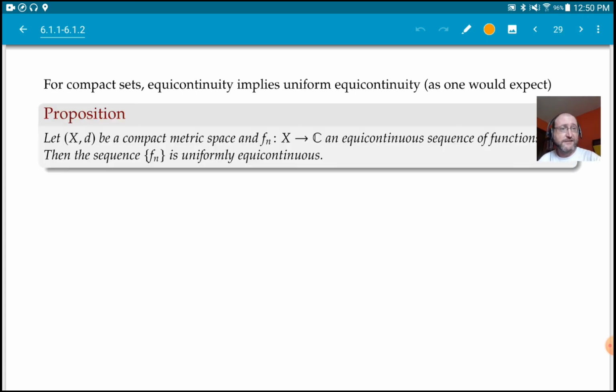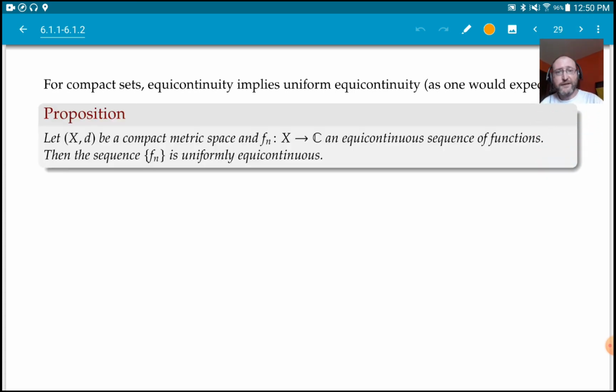And the proof is basically the same idea. So here is the proposition: suppose that we have an equicontinuous sequence of functions, then the sequence is uniformly equicontinuous, as long as X here is compact. So for compact sets, we automatically get this uniform equicontinuity, which is going to be useful.